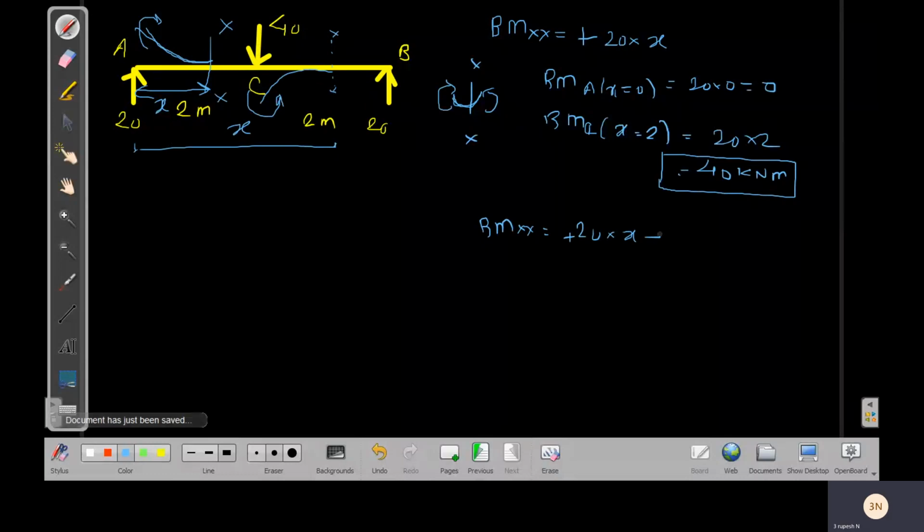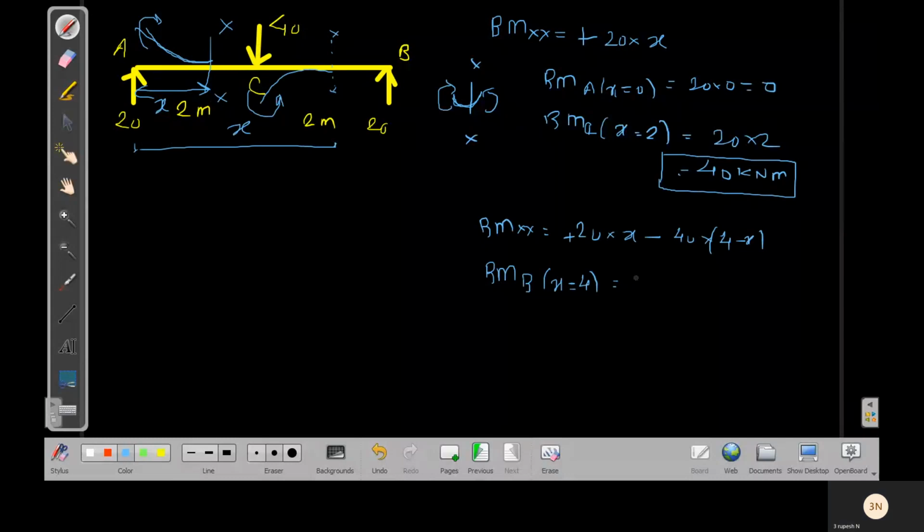So it is minus 40 into 4 minus x. Okay. Now when you put the bending moment about B point, what is the bending moment at B? So your x is equal to 4, right? X is equal to 4, the total span. We are considering x from A to B span, right?